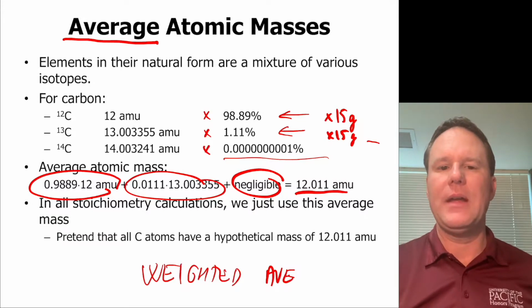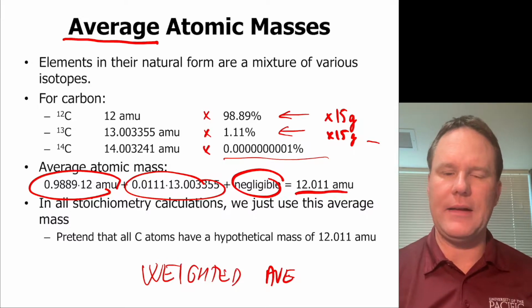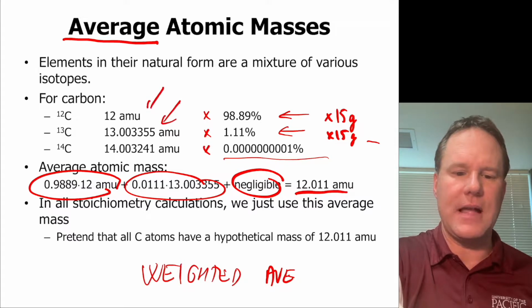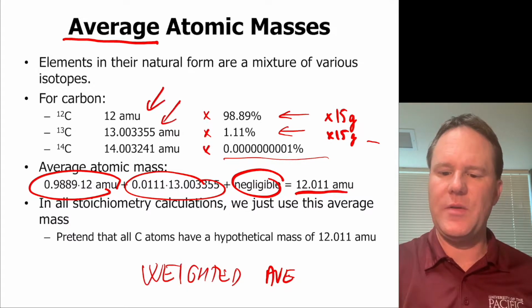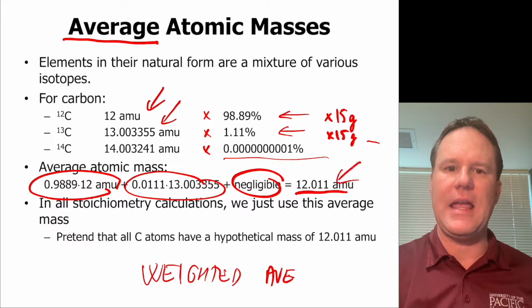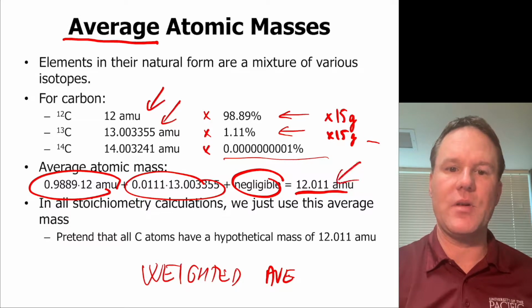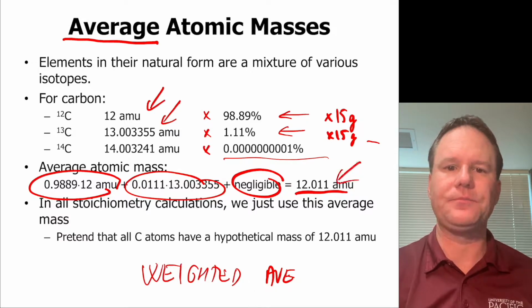And from now on, when we do calculations with carbon, instead of using any of the isotope masses, we will use this average mass. Since there are so many atoms, on average, that is really the atomic mass of a carbon.